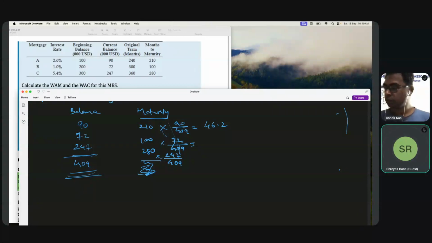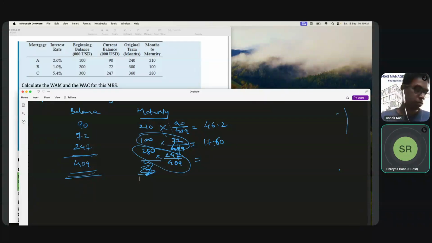And then the second one, with 409 as the denominator: 17.60. Here, 169.09.